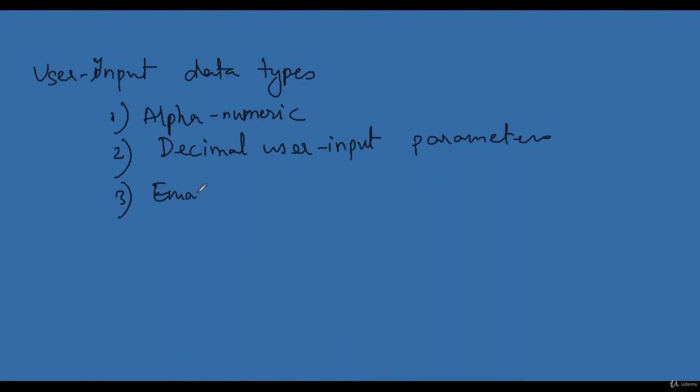And then you have email user input. The email data type specifies that the parameter value is in the email address format. Values for this data type can include numbers, letters, the at meta character, the period dot character, and the hyphen character. Then you have integer user input.